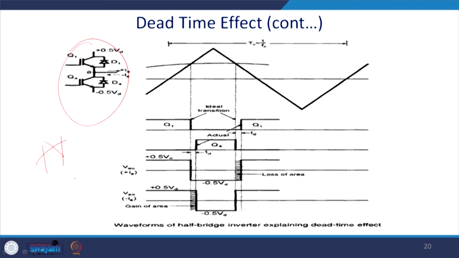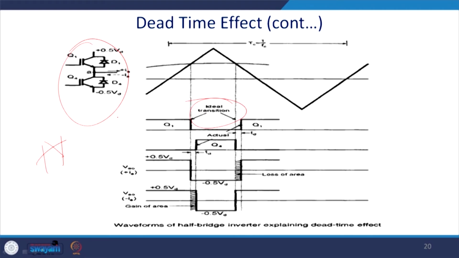For this reason we provide a dead time, so that no current flows and the legs are not shorted, except one topology, or the topology derived on that direction, that is called the current source inverter. There we provide the shoot through by shorting the leg. So, this is the triangular wave and this is the modulating wave, and this is your ideal transition.